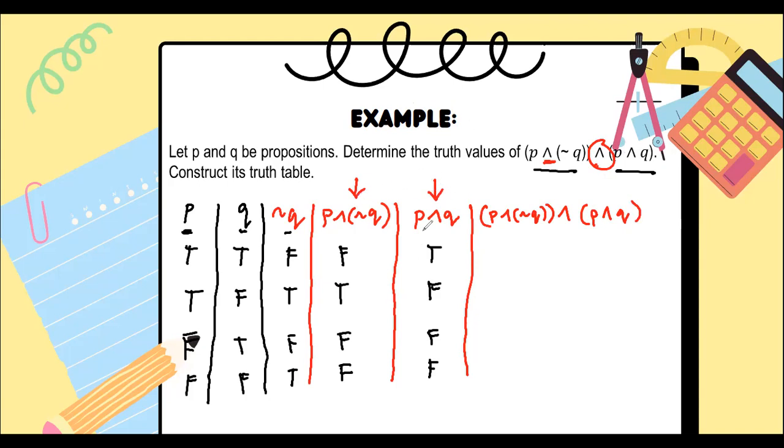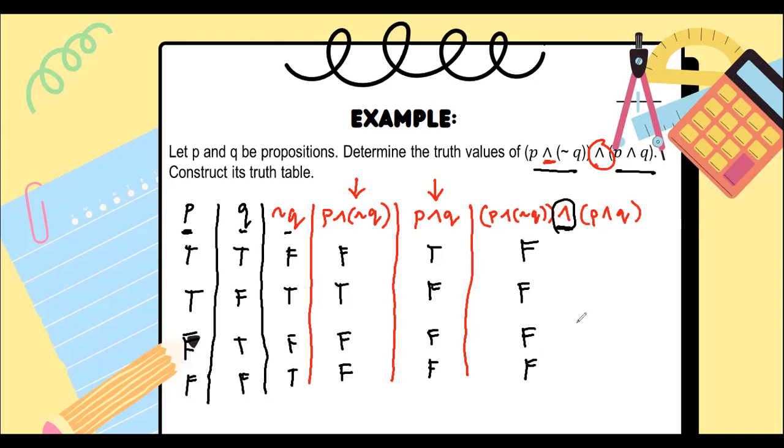The logical connector natin is conjunction. So if you have false and true, that will be false. If you have true and false, that is false. If you have false and false, that is false. And if you have false and false, that is false.